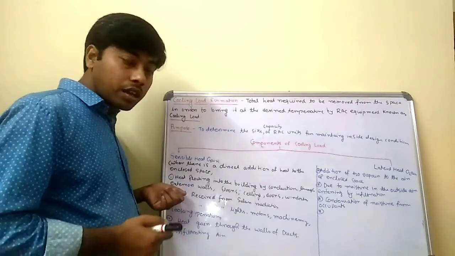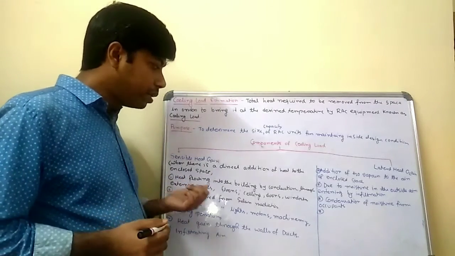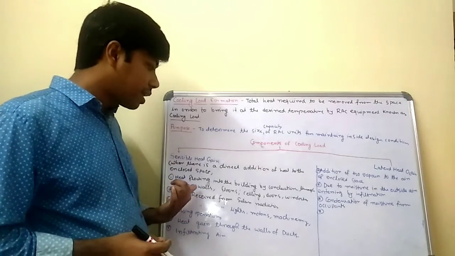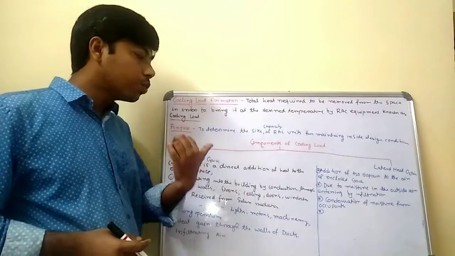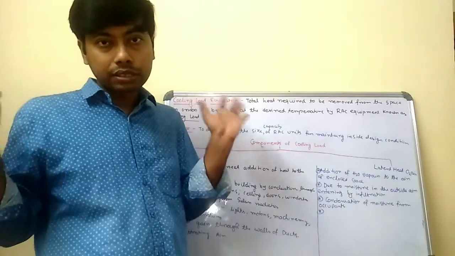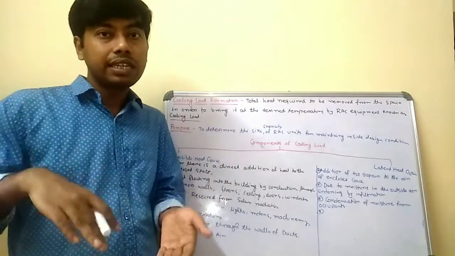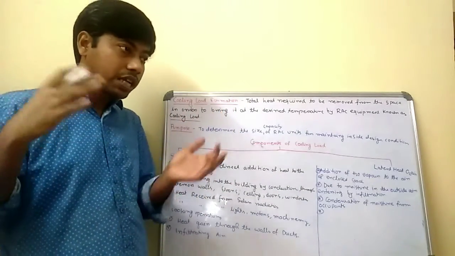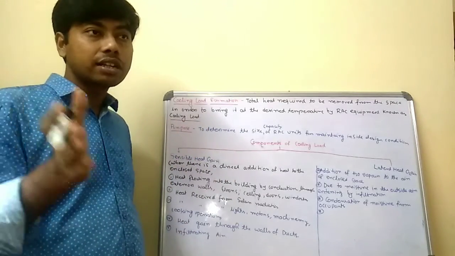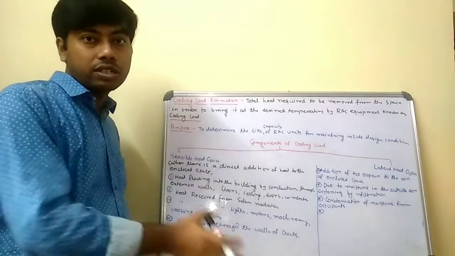It may be possible when heat flows into the building by conduction through the exterior walls, floor, ceiling, doors, and windows. Suppose it's a room, then the room has several parts, such as the exterior wall, ceiling, and top. So there are several ways in which heat can come in direct contact with the space which is to be air conditioned.